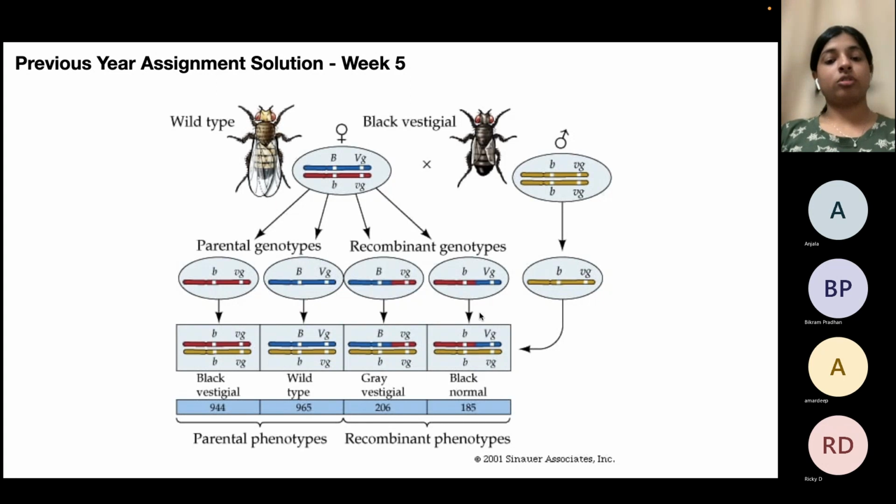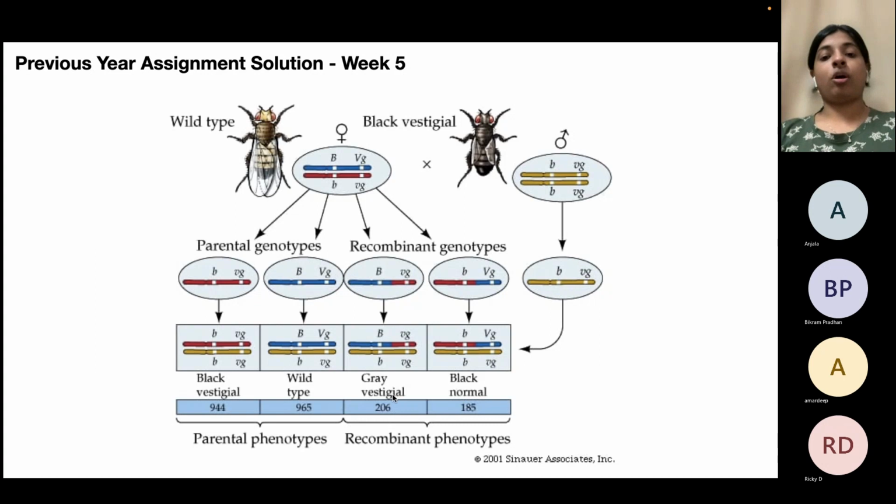However, the third and fourth phenotypes: one will have the big B but will lack the normal VG gene. Hence, it will be gray in color and vestigial, as in the gray color of the parent only, but vestigial. The other one will have two small b's, so it will be black in color, will not inherit the gray phenotype. But because it has a capital V gene, it will have a normal growth size. So these result in the recombinant phenotypes.